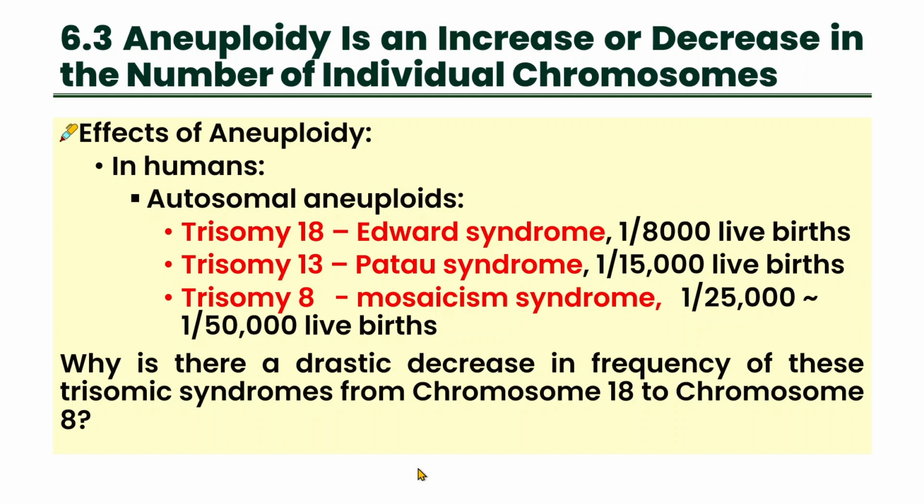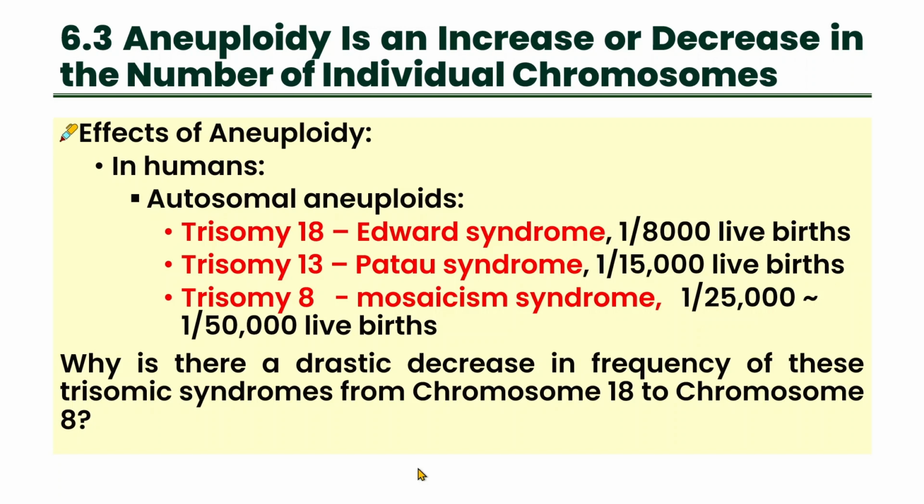For example, trisomy 18 is known as Edwards syndrome, which occurs in about 1 in 8,000 live births. Trisomy 13, or Patau syndrome, happens in 1 in 15,000 live births. And trisomy 8, often seen as mosaicism syndrome, appears in roughly 1 in 25,000 to 1 in 50,000 live births.